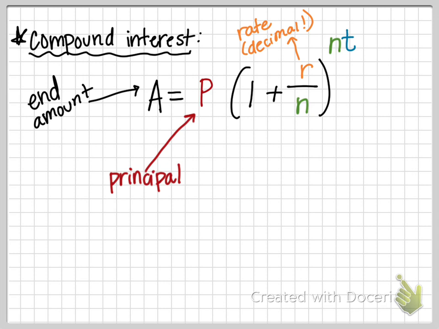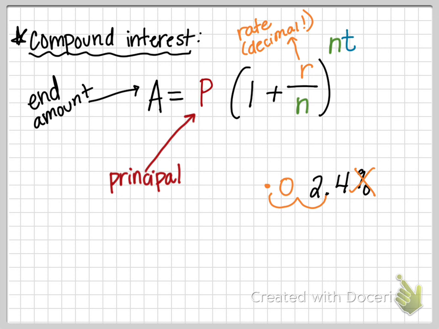So if they say that the rate is 2.4%, you can't put in 2.4. You must change it to a decimal. We get rid of the percent sign, move our decimal 2 places to the left, and add a placeholder 0. So we would put in 0.024 for our R and not 2.4. So you always have to change the percent to a decimal for it to work in the formula.